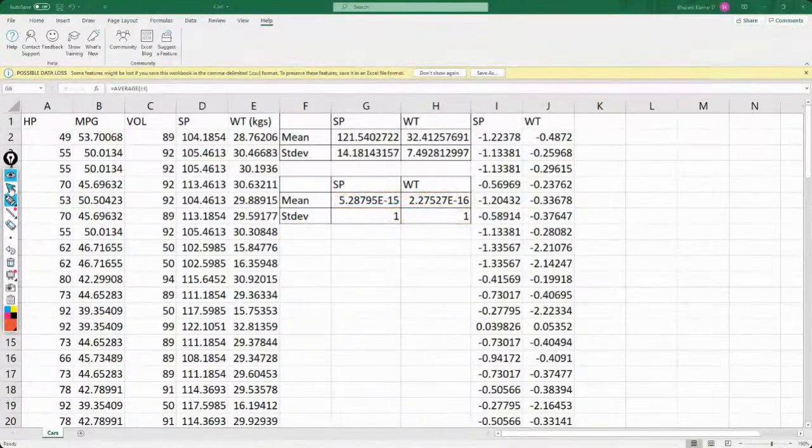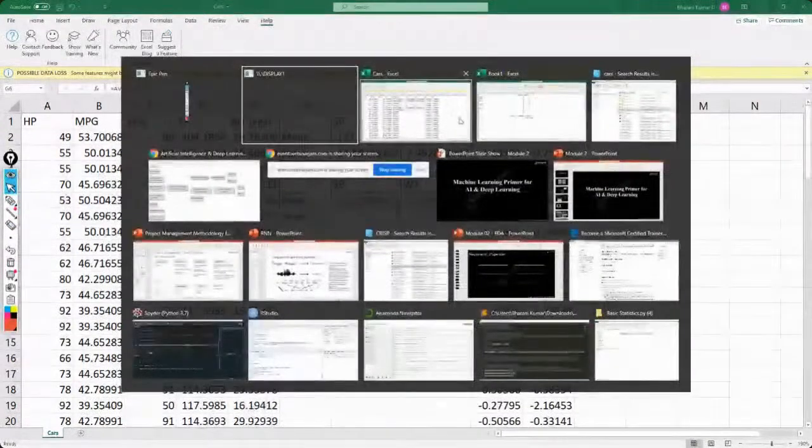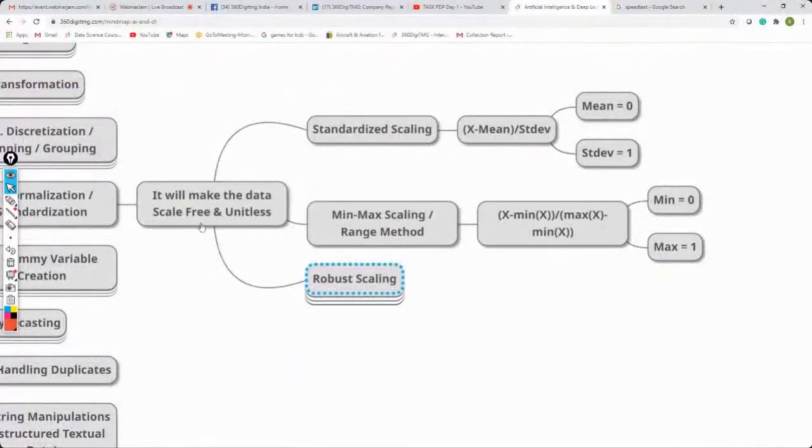This is one way of ensuring that you're making your data scale free and unitless. Standardized scaling, x minus mean by standard deviation. When you apply this, mean equal to 0 and standard deviation equal to 1.